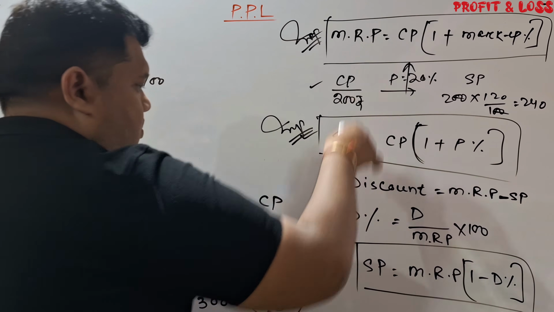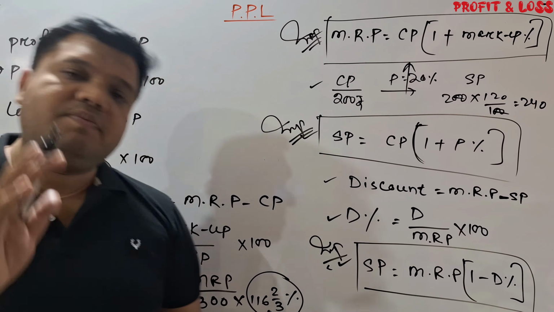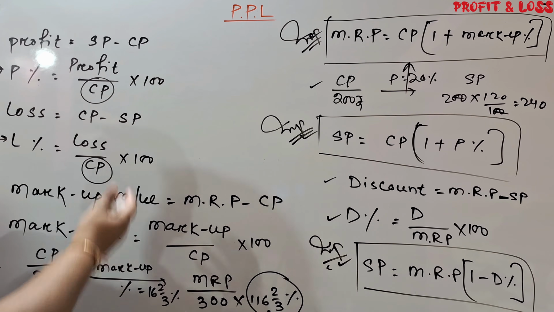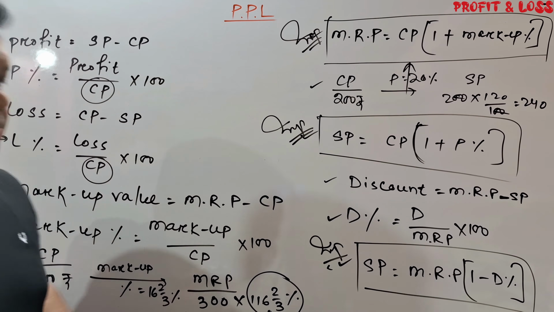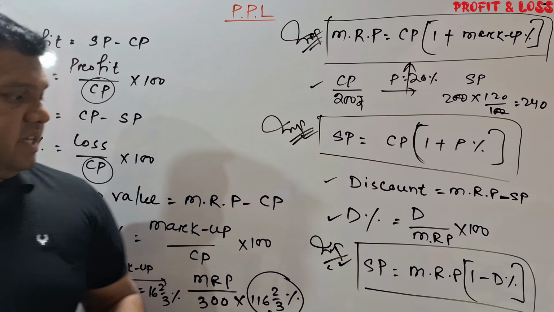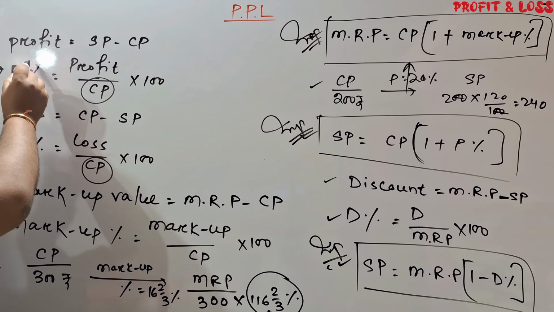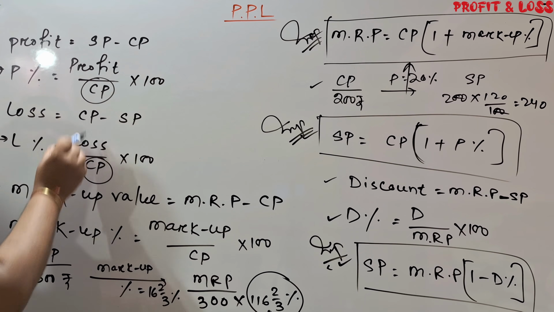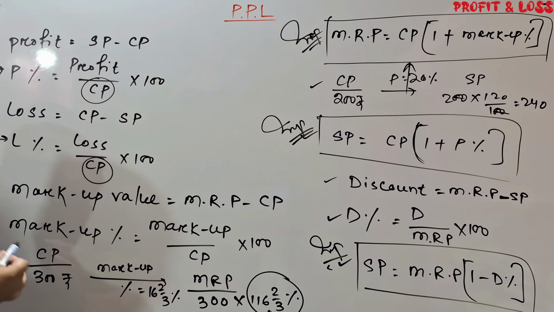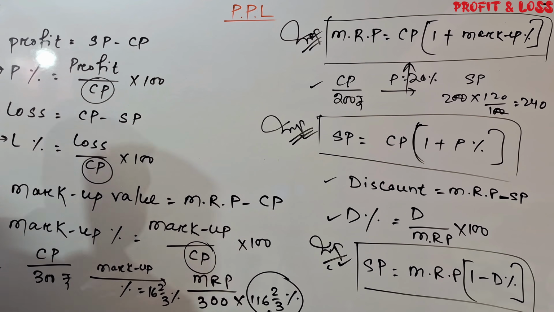Basically this box, you look at these 3 boxes, these formulas are very important. Just write it down. And this terminology already you know: profit percentage, loss percentage, discount percentage. Once again, profit percentage and loss percentage depend upon what? Cost price. Similarly, markup percentage also depends upon the cost price.